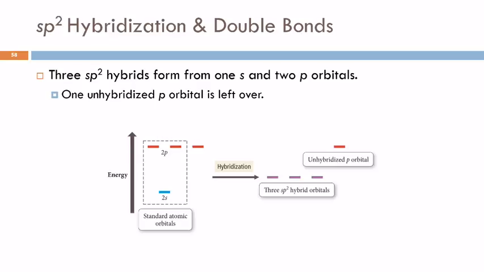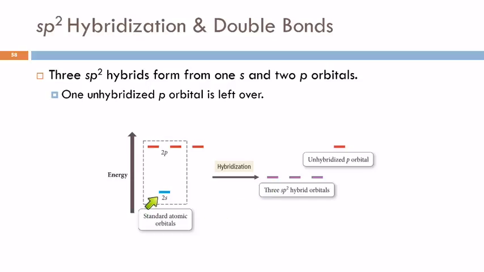Well, there are different combinations that we can make with the hybridized orbitals. We just looked at sp3. We can also make sp2, where we take the s orbital and two p orbitals and hybridize those. So starting with 3 orbitals, we're going to end up with 3 orbitals.